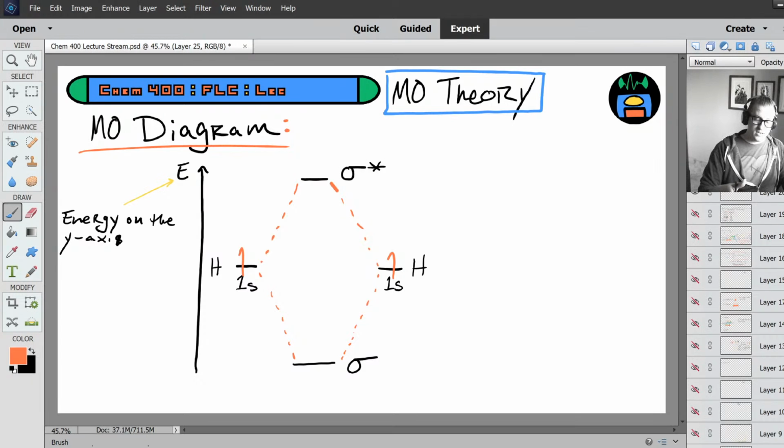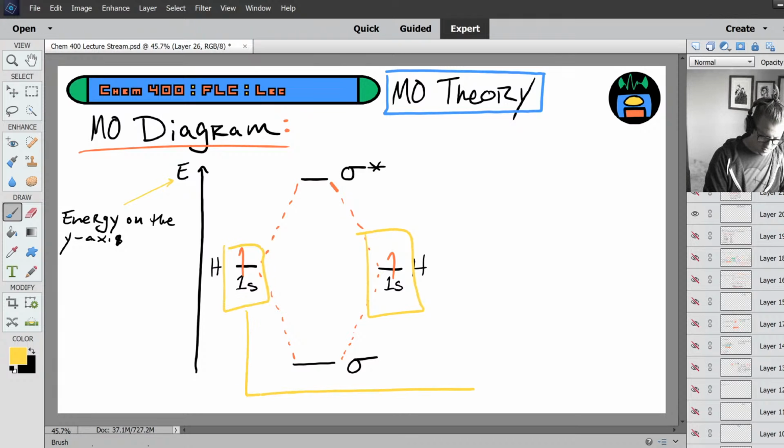And then when you mix these two orbitals together, those electrons you have to house within your new molecular orbitals, all right? So you have to take these electrons, you have to place them in your new orbitals.